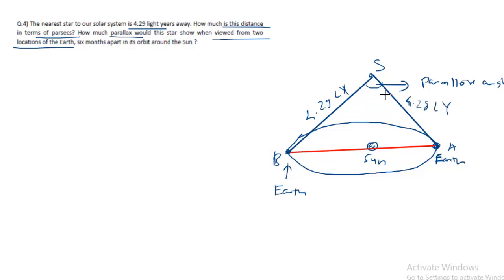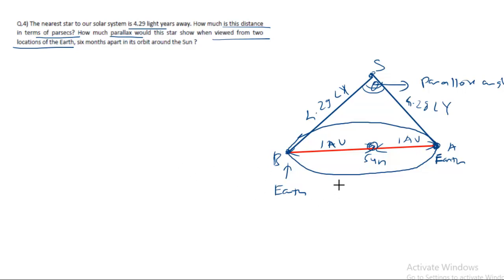The parallax angle theta arises because this star S is observed from two different locations of Earth, from A and B. This distance is 1 AU and this distance is 1 AU. So the diameter of this orbit is 2 AU, 2 astronomical units.